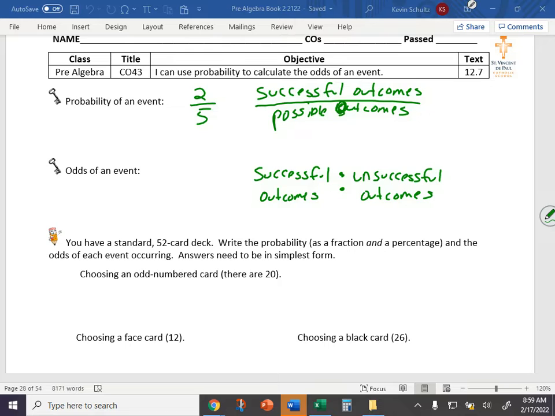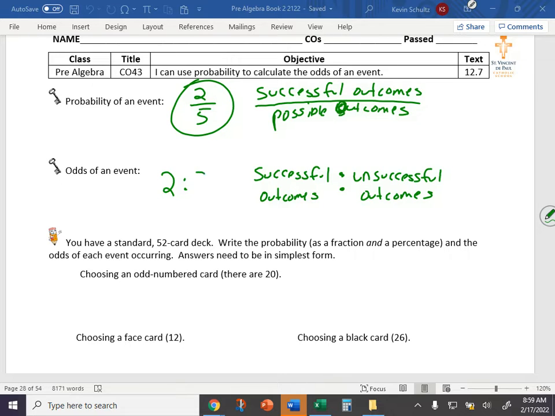So if we're using our 2/5 here, and we want to write that in terms of odds, we have 2 successful outcomes. How many unsuccessful outcomes are there? Okay? No, 5 is how many possible outcomes there are. If 2 are successful and 5 are possible, how many unsuccessful outcomes? 3.